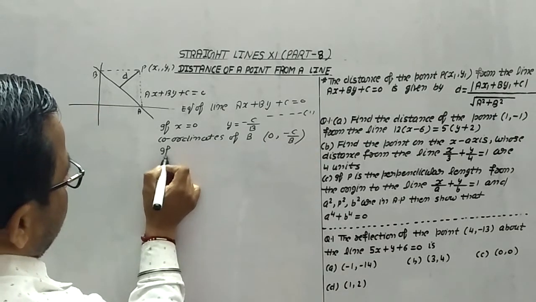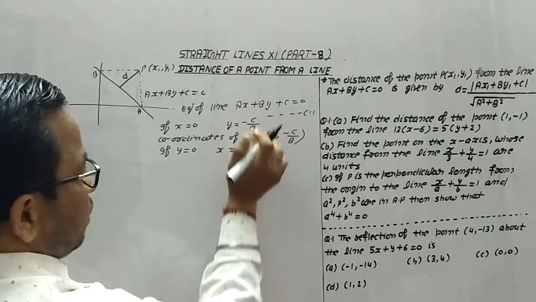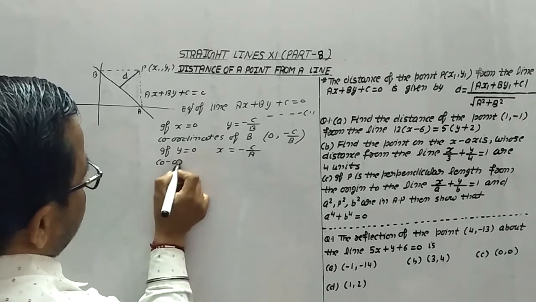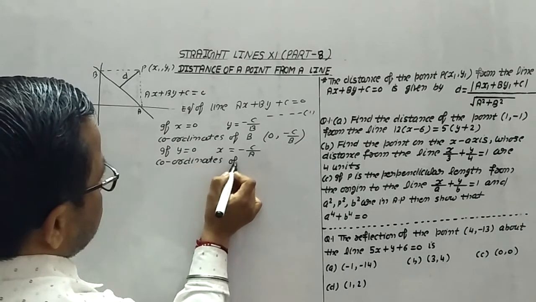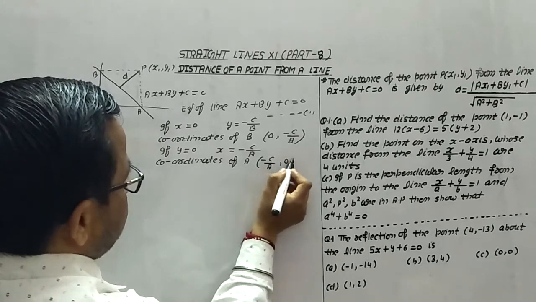Now if we put y equals 0, it means x equals minus c upon a. Therefore we can say the coordinates of A will be minus c upon a and 0.